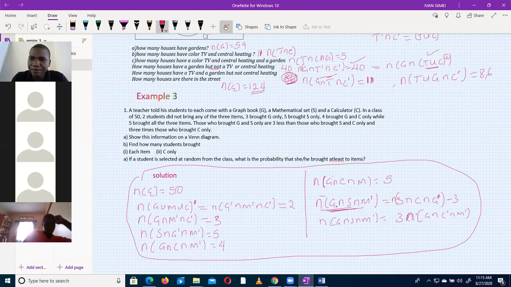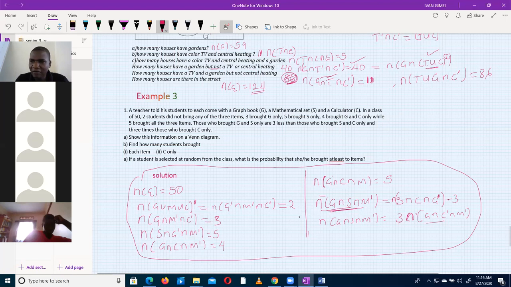Then also they're saying 3 times those who brought C only. So if I know those who brought C only, I multiply it by 3 to come up with what I want. Okay, so this step is done.